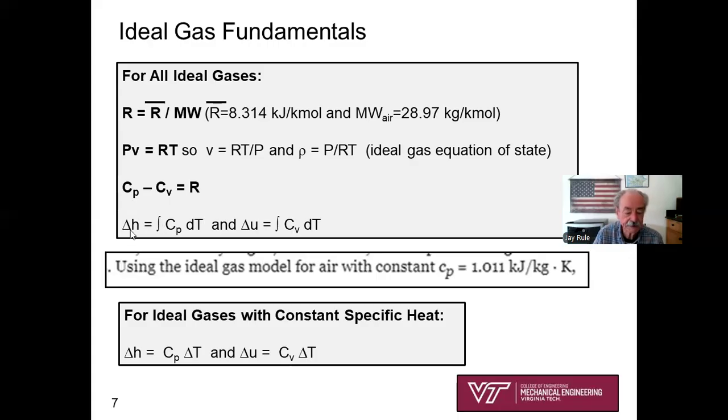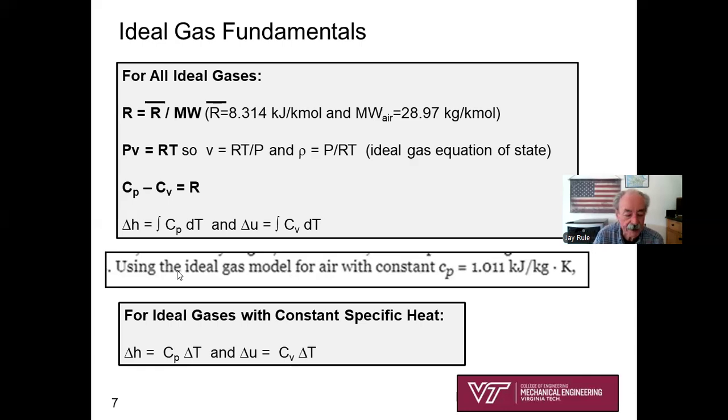I hope that you've got how you would calculate the change in enthalpy, H? For any ideal gas, the change in enthalpy H is the integral of Cp dT. And the change in little internal energy, little u, is the integral of Cv dT. Now, back to our specific problem. It says, use ideal gas model with constant specific heat.